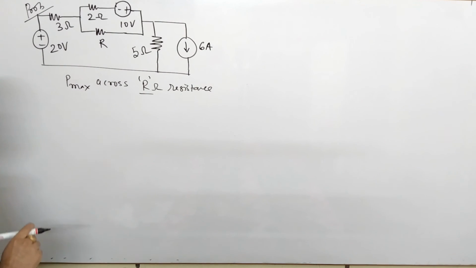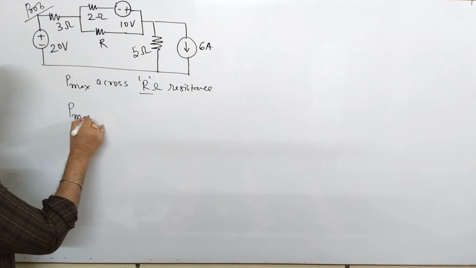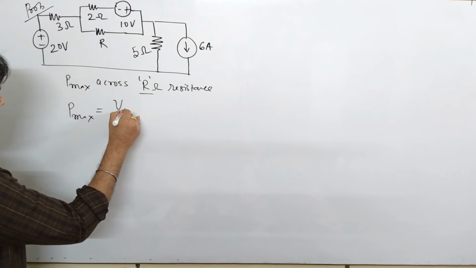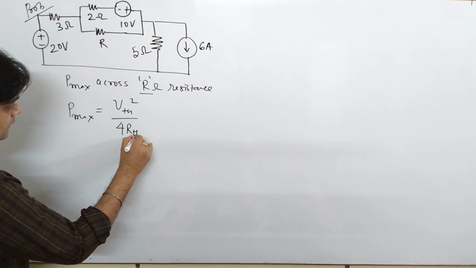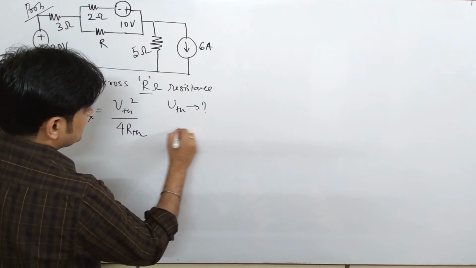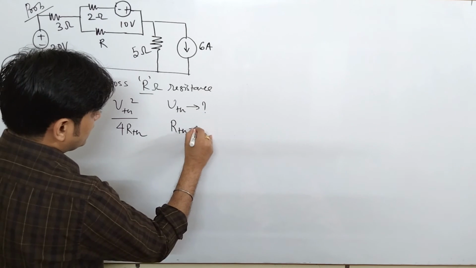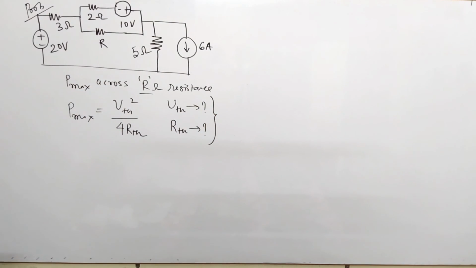This was the question. So when you have to find the maximum power, we know the formula for finding the maximum power is VTH square upon 4 RTH. So first you have to find the value of VTH, and then you have to find the value of RTH. Means you have to find these two values.